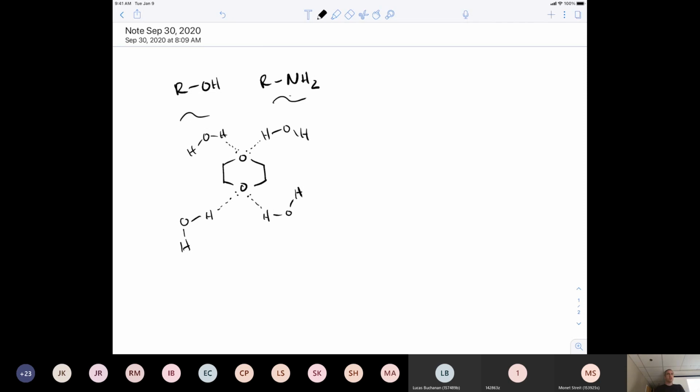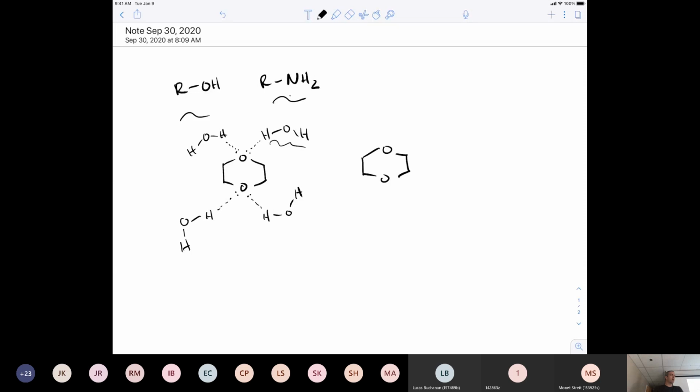Many organic solvents do separate into layers when you mix them with water. But this one, because it's such a good hydrogen bond acceptor with water, you get this hydrogen bonding interaction, even though that partner of the hydrogen bond doesn't have an OH or NH. The other partner, water, does. So one of them has to. And if you had a pure solution of just dioxane, it will not hydrogen bond.